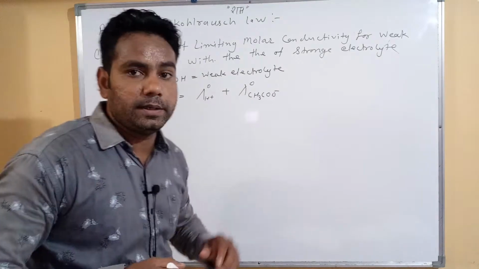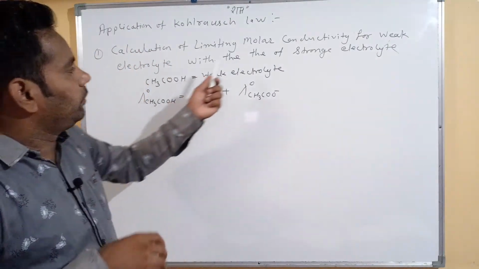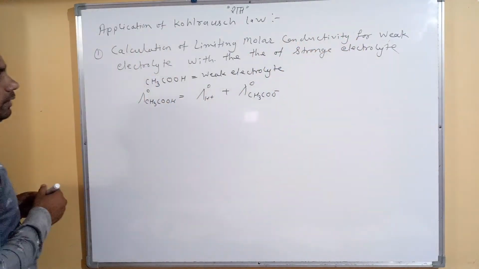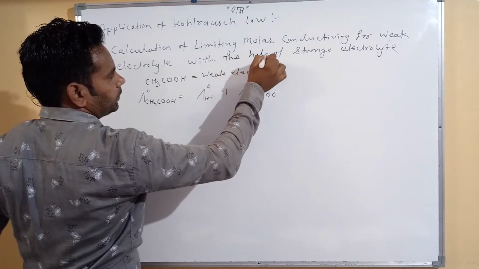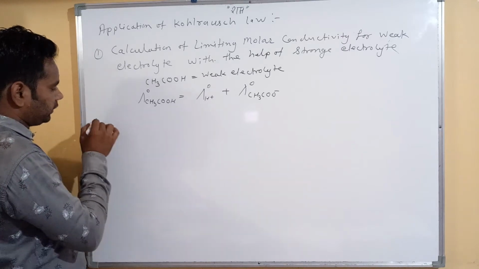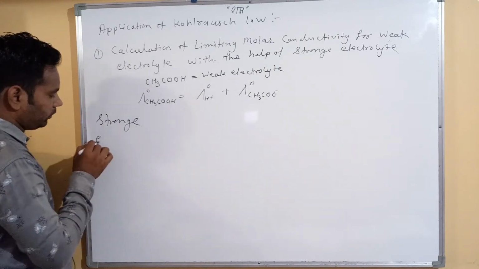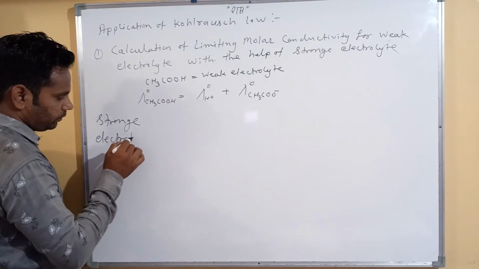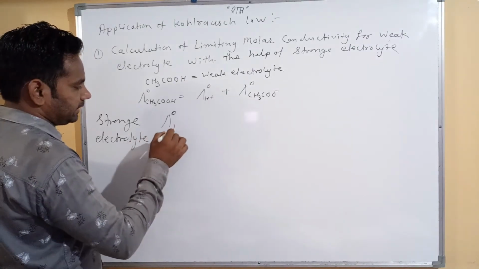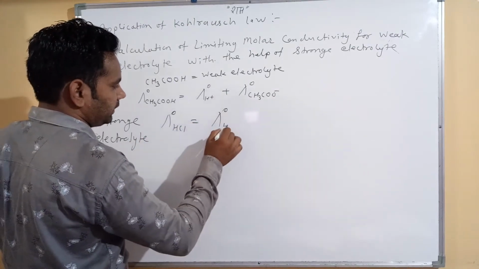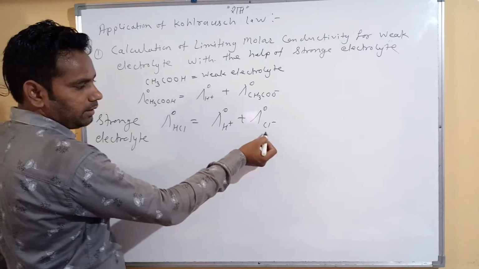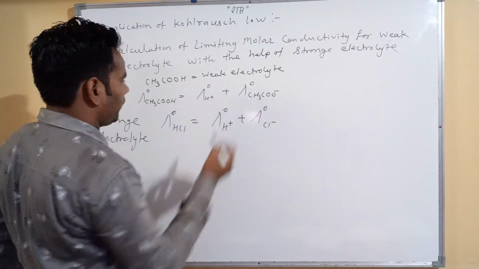So how do I know it? We take the help of strong electrolytes. Suppose we want H+ ions; we know HCl is a strong electrolyte, it gives H+ ions and Cl- ions. The anion is not required for us.